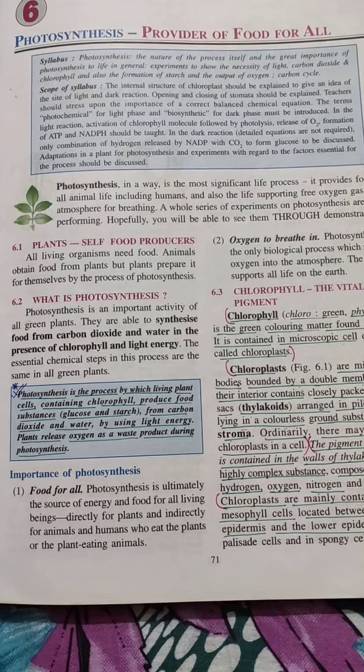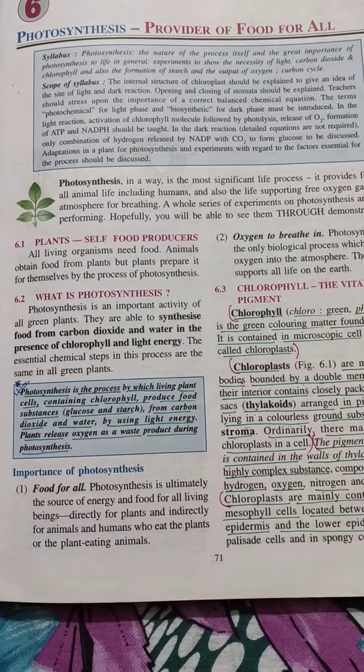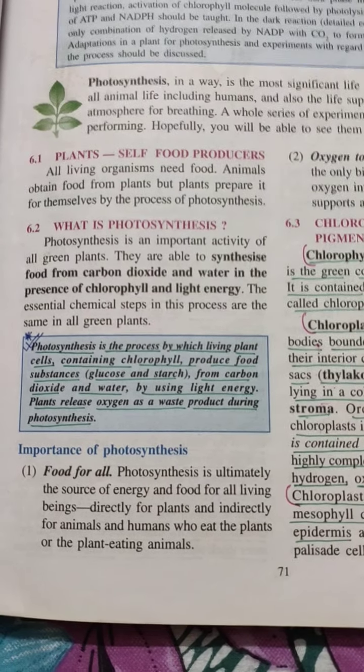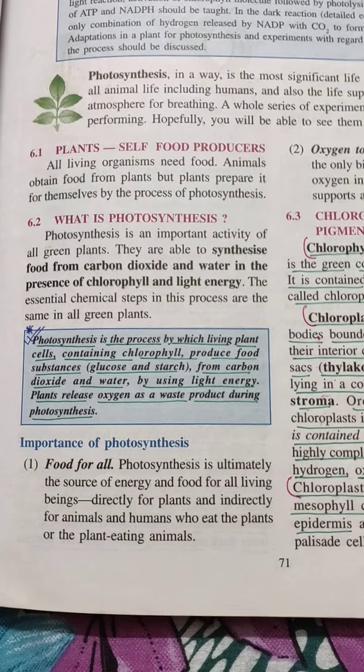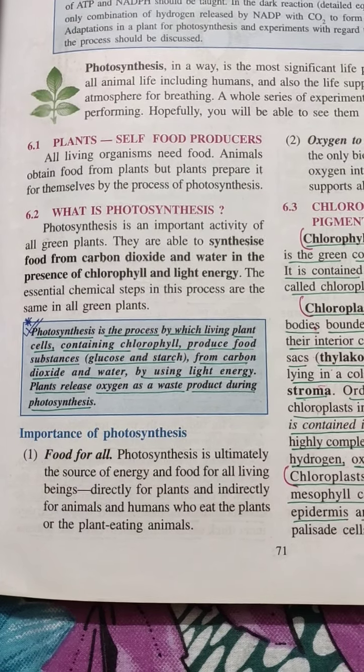We all know it. It is the process by which living plant cells containing chlorophyll produce food substances, that is glucose and starch, from carbon dioxide and water by using light energy.